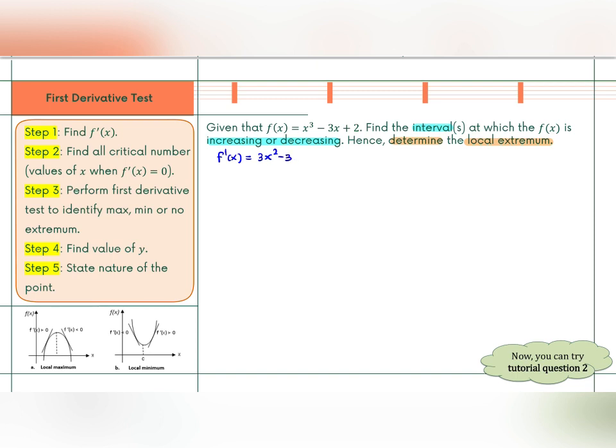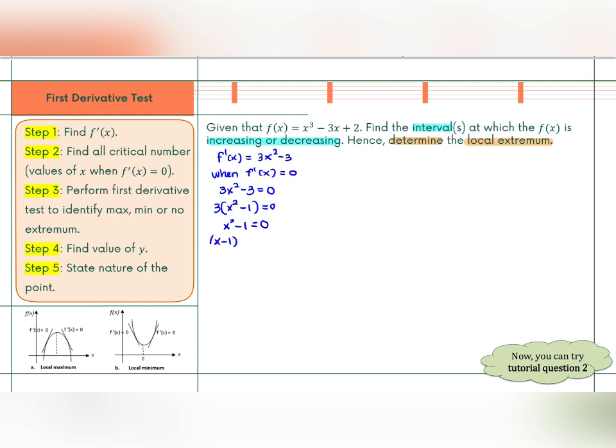Okay, kemudian when f prime x is equals to 0, so 3x squared minus 3 is also equals to 0. Factorize 3, we have x squared minus 1 equals to 0. Pindahkan 3 on the right hand side, we left with x squared minus 1.